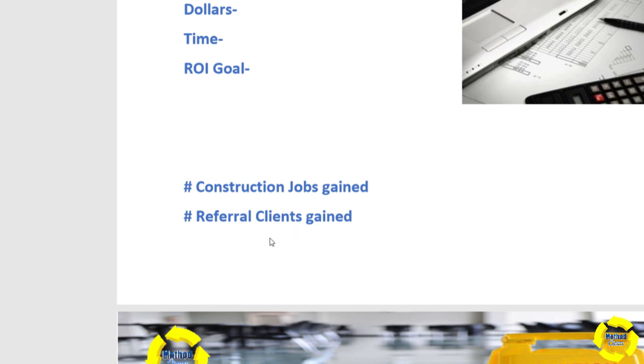Once you start adding up those dollars, that's a really large return. So the standard is: how many construction jobs did I gain, and how many referral clients do I gain? That's how we decide if this is a successful strategy, or how successful.